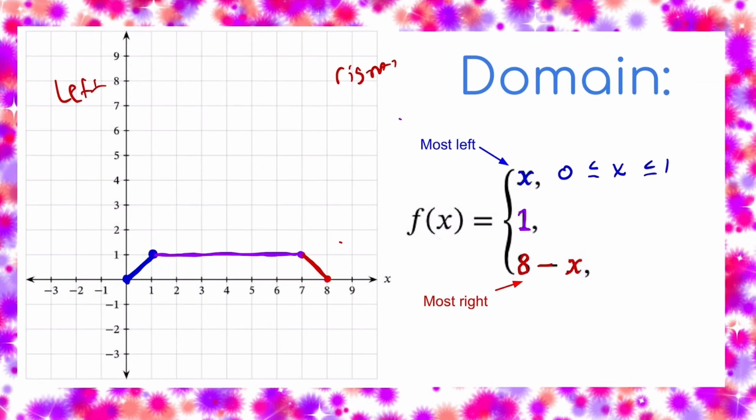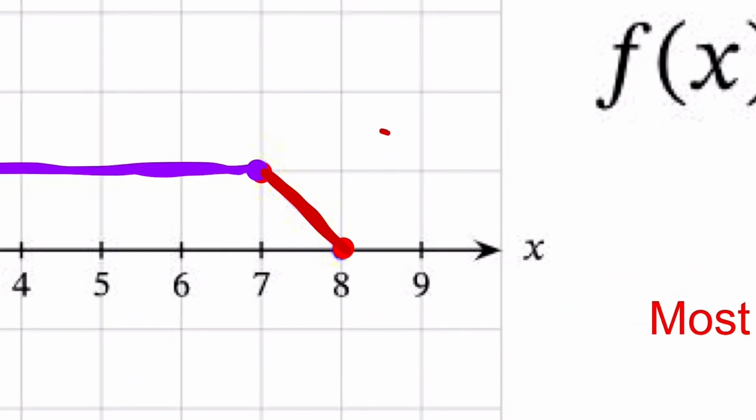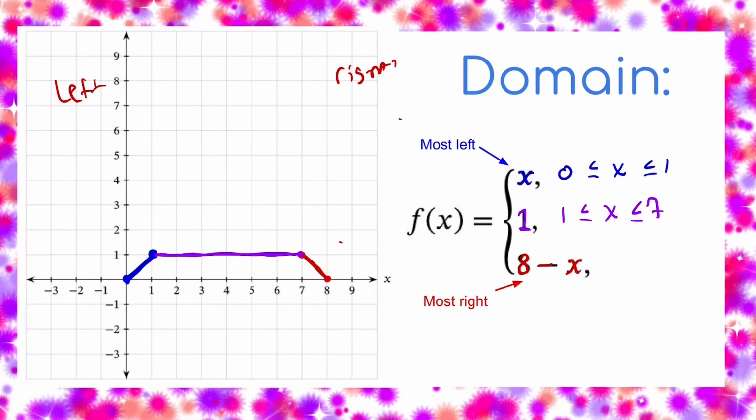So that is going to be from 1 to 7, closed circles. Okay, let's do one more. The red one. What would be the domain for the red line? That is from 7 to 8.